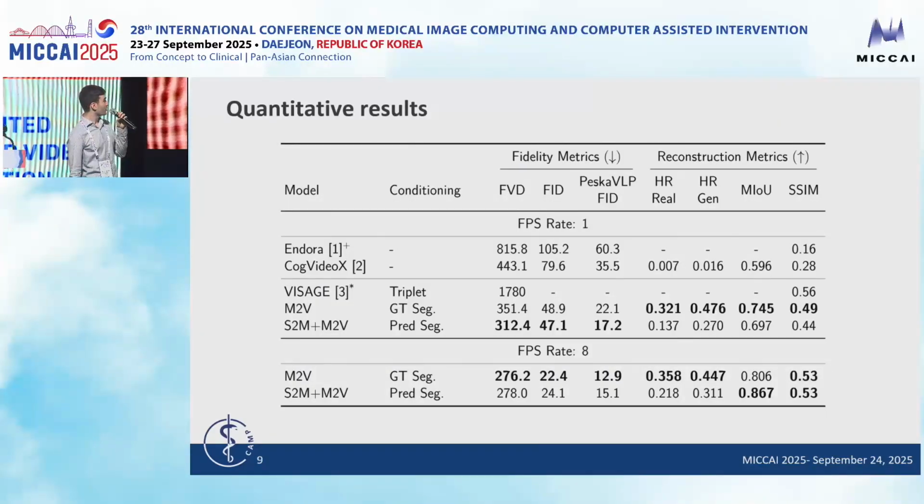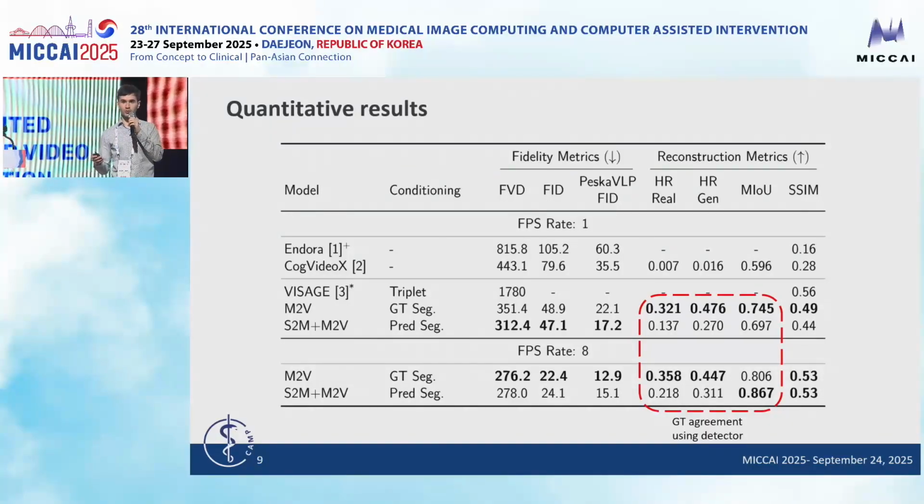As far as quantitative results, we evaluate the visual quality of our videos using the usual fidelity metrics like FVD, FID, and we outperform previous methods on this domain. But we also introduce an additional set of metrics based on detector agreement. So we train a YOLOv8 detector on the task of surgical tool detection. And what we do is we take a real video and a generated video.